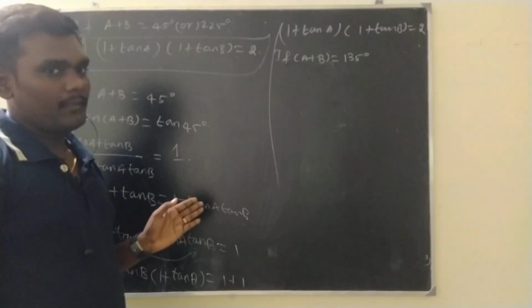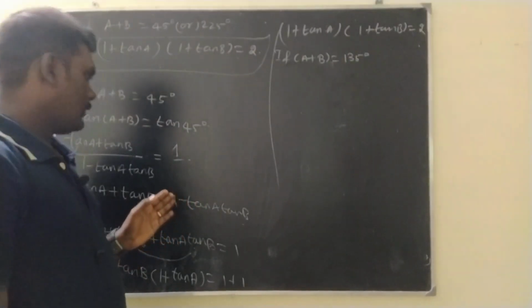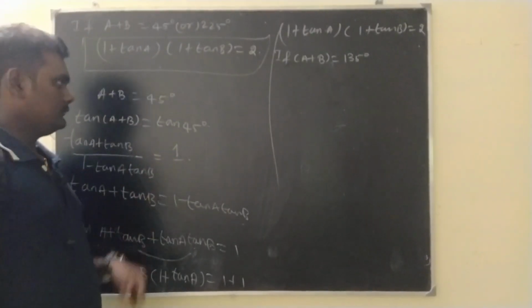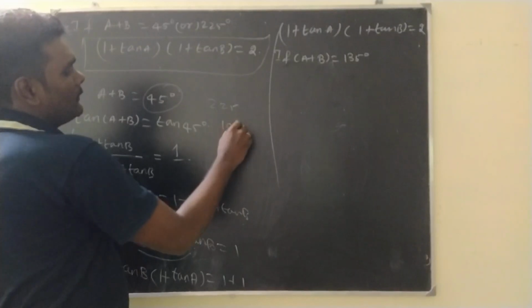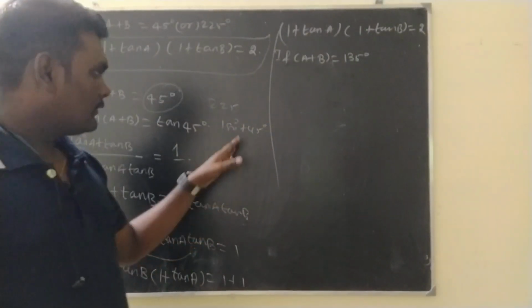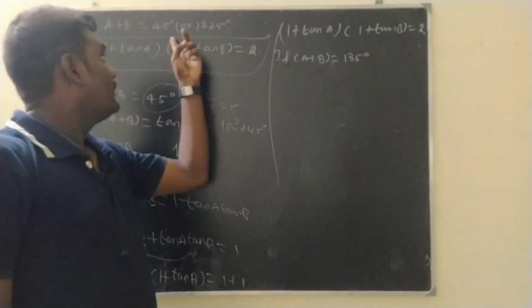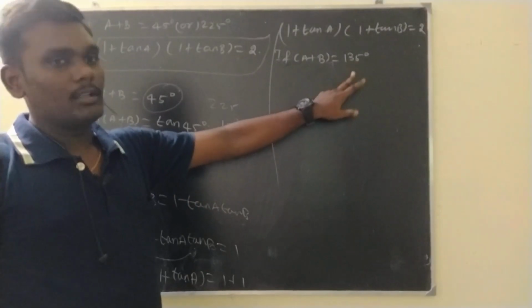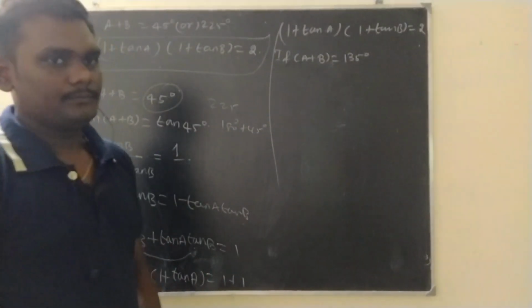This is 180 plus 45. 180 plus means third quadrant, where tan is positive only. Everything remains the same. Both are equal. That is why 45 degree or 225. Here 135 degree, that is 90 plus. 90 plus means there will be a change.